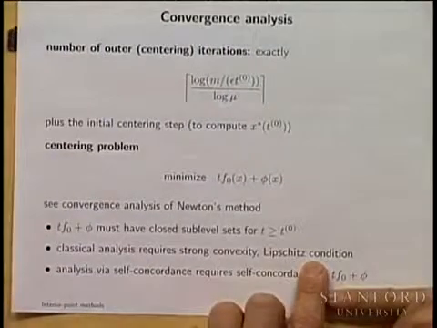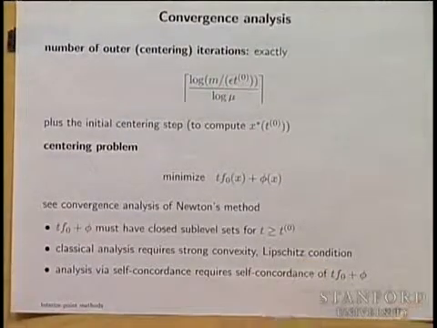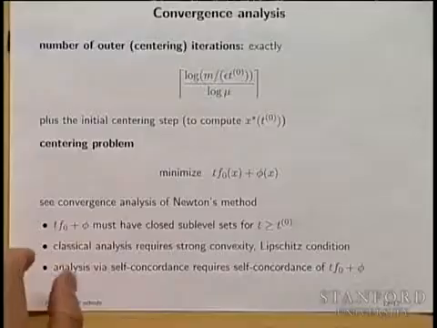But the modern results come by using self-concordance. So if F0 and the log barrier are self-concordant, then tF0 is self-concordant for t bigger than 1, and tF0 plus phi is self-concordant for t bigger than 1. We'll get to that a bit later.